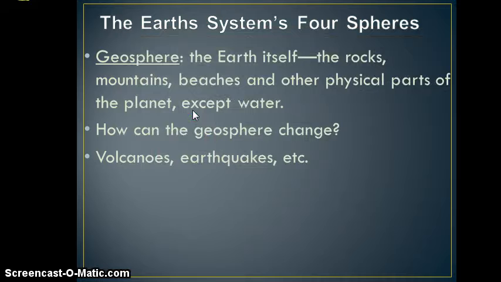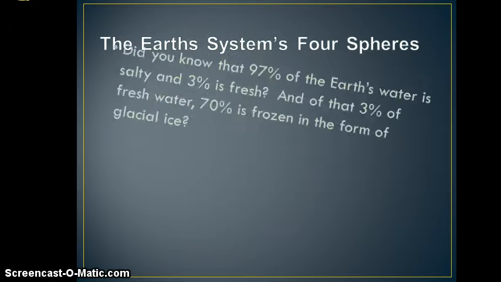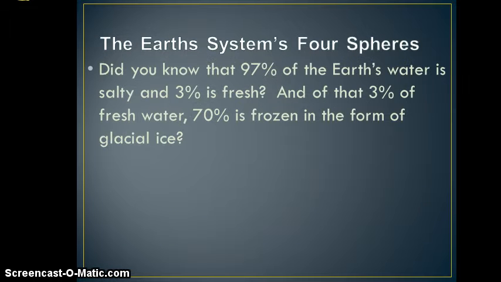From there, we went on and we looked at the hydrosphere. We talked about all of the water on Earth, the lakes, the oceans, and the groundwater. Snow and ice are also part of that. And as we kept on talking about that, 97% of the water that's on Earth is salt water, and only 3% of that water is fresh. And out of that 3% of fresh water, most of that is locked up in ice caps and glaciers.